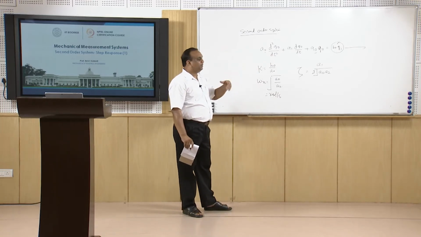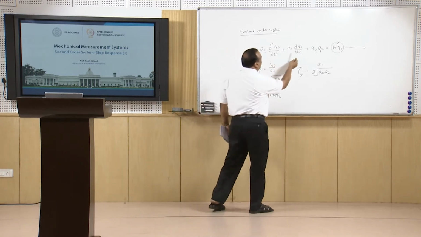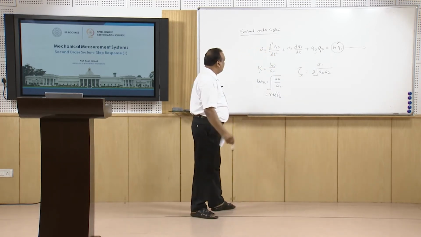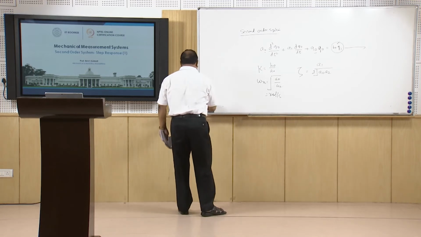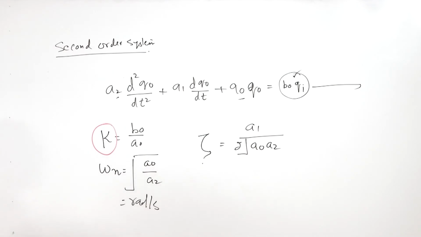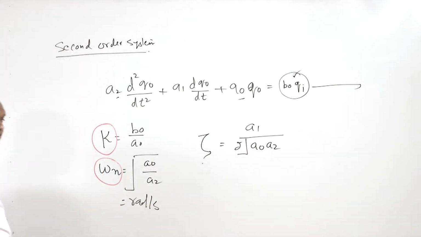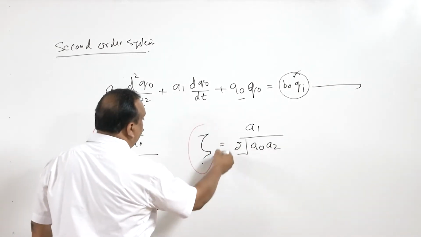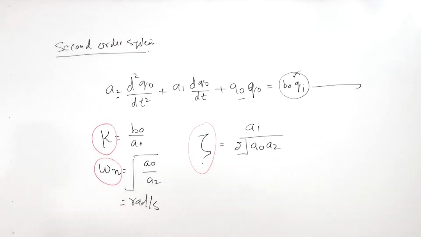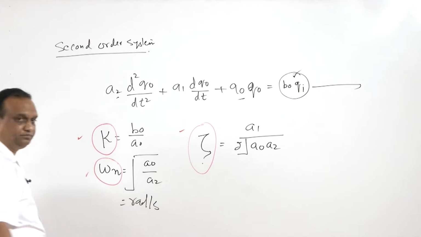For any measuring instrument, let us say for example a voltmeter, I do not know the value of A2, A1, AO, BO, but definitely for a voltmeter I know the value of K, sensitivity. Omega n, the natural vibration frequency, I can also find out, and the damping ratio is also given. For dampers, the damping ratio is also given. So these are normally known quantities.